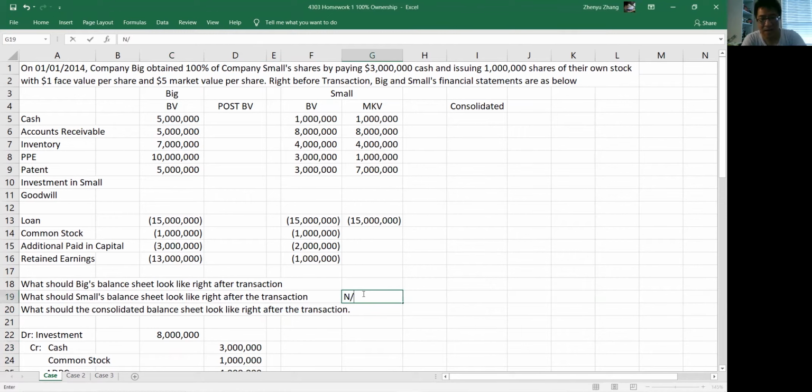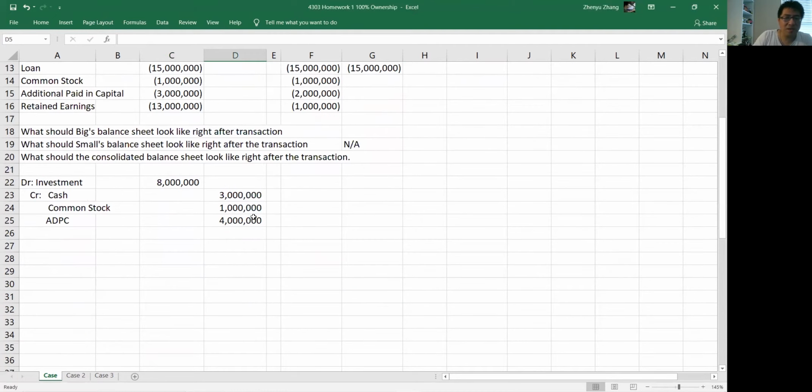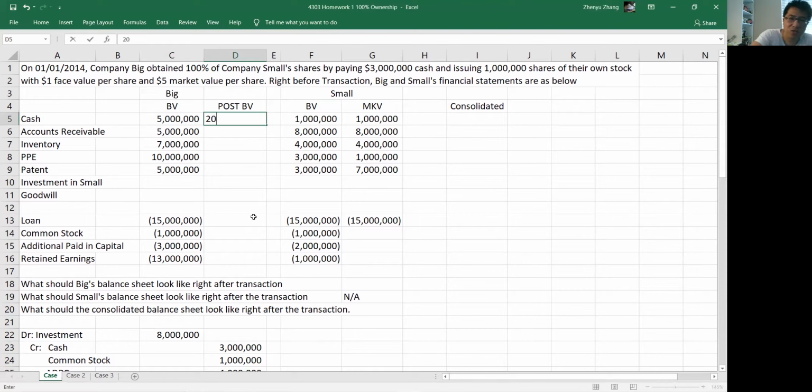And now, what does Big's balance sheet look like right after the transaction? We know they lost the 3 million cash, so cash changes to 2 million. Nothing happening to accounts receivable.